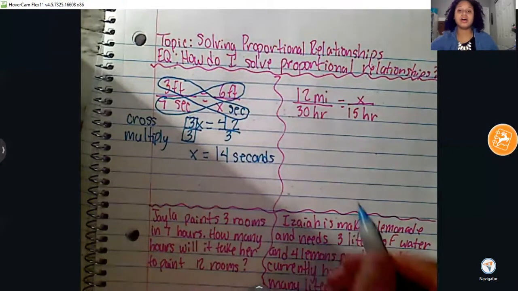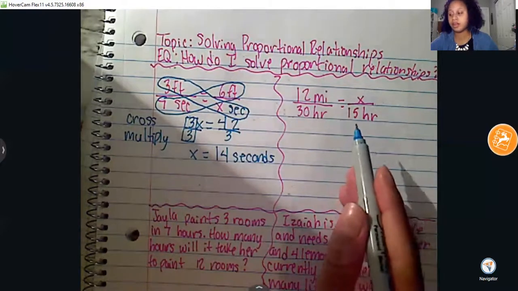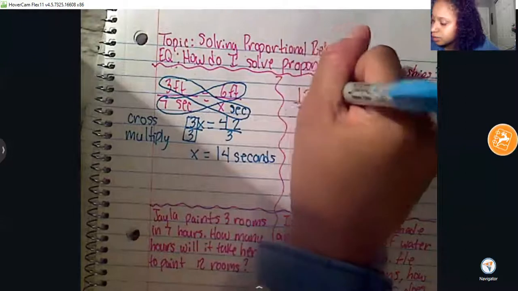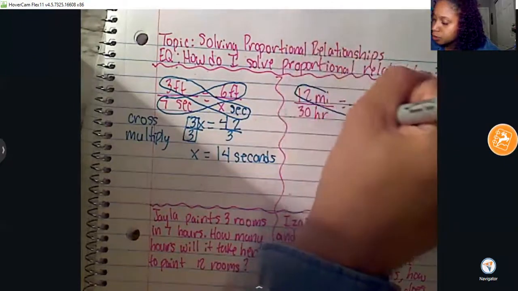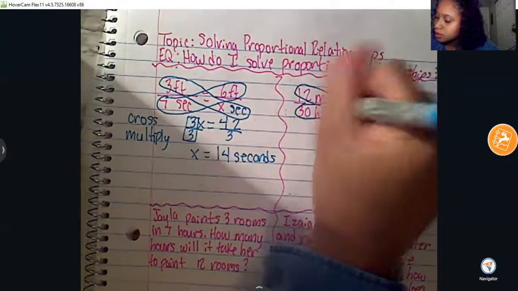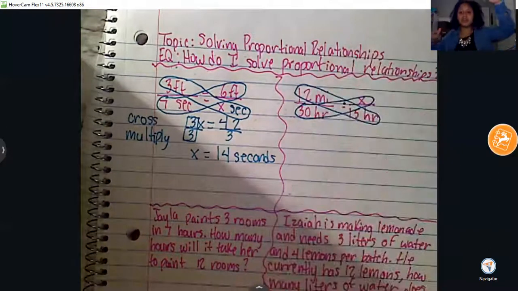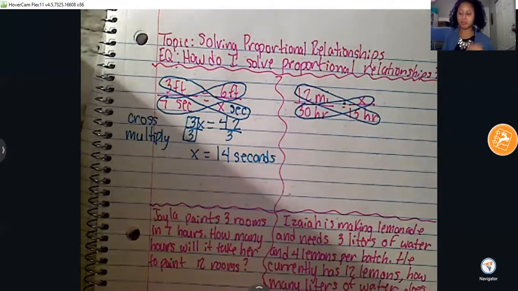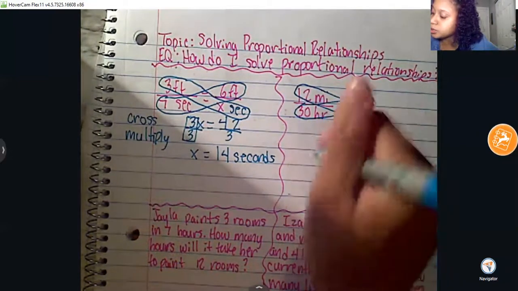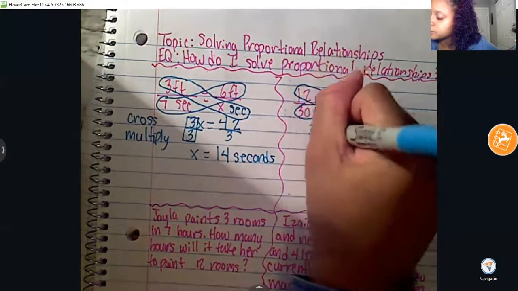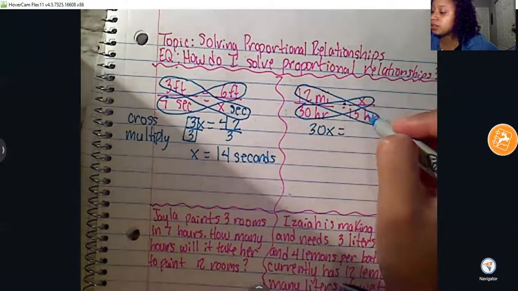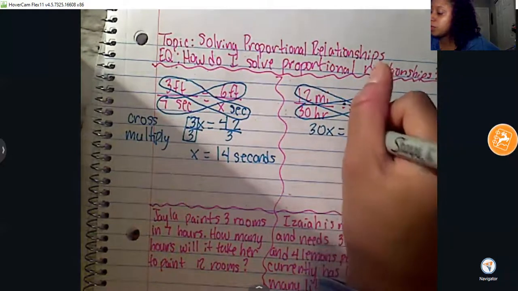Same process on the next one. We are cross multiplying and then dividing. So we are multiplying numerator with denominator, denominator with numerator. First we're going to do 30 times x, which is equal to 30x, and then equals 12 times 15, which is equal to 180.